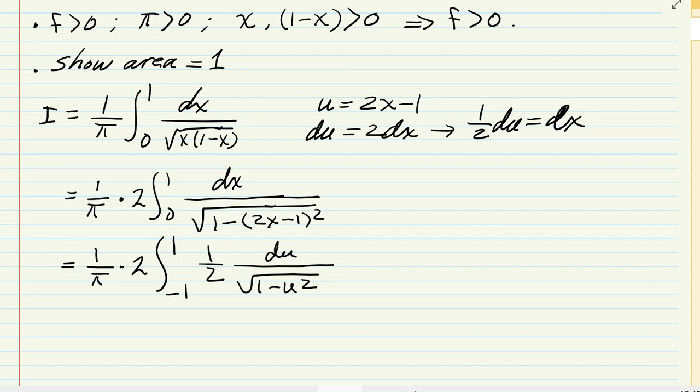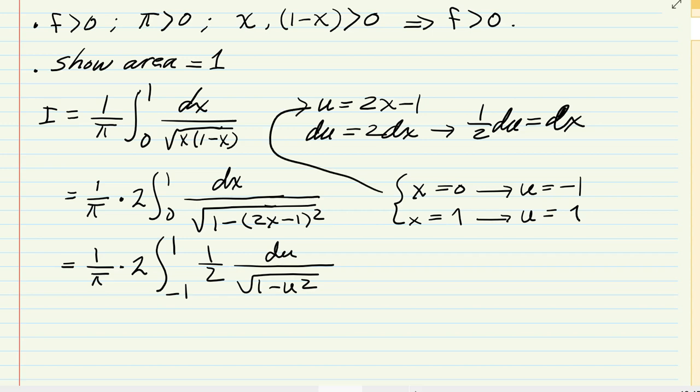Clearly the limits of integration go from -1 to 1, because when x is 0, u would be -1, and when x is 1, u is going to be 1. That comes from this relationship. So that's established, which forms the new limits of integration for us.